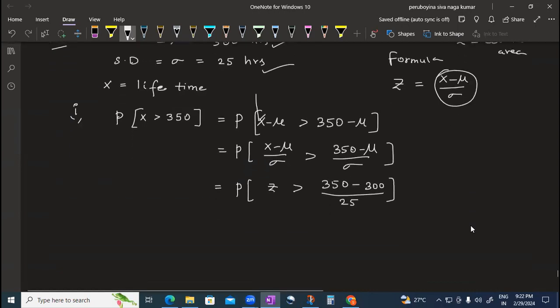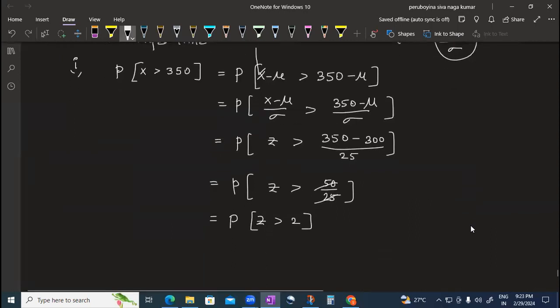Understood? Yes, sir. P of G greater than 350 minus 300 is 50. 50 by 25, so it got cancelled 2 times. So G greater than 2.